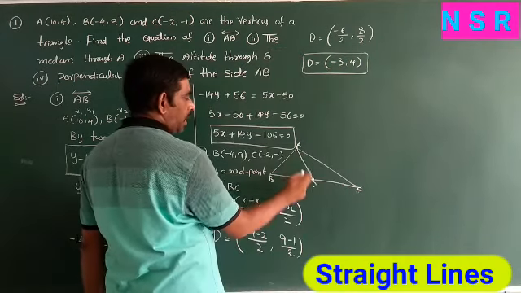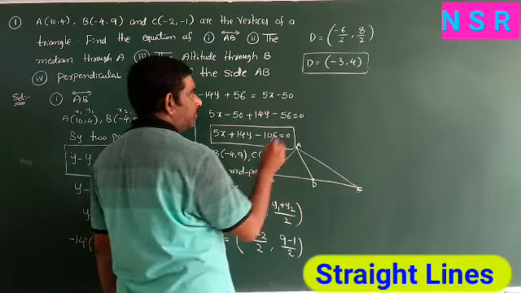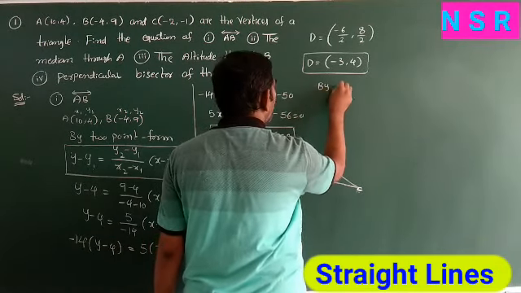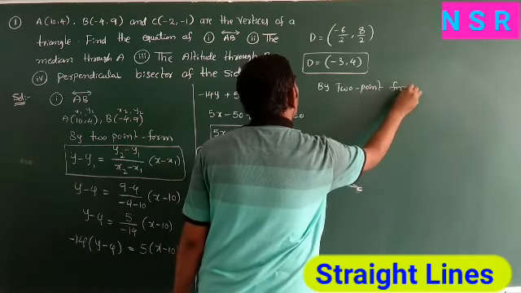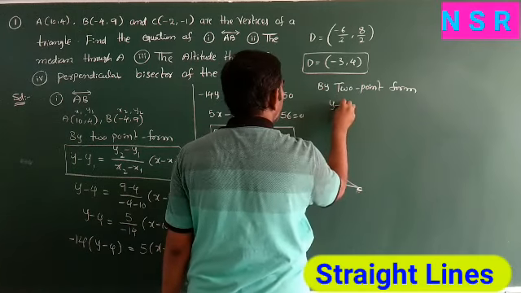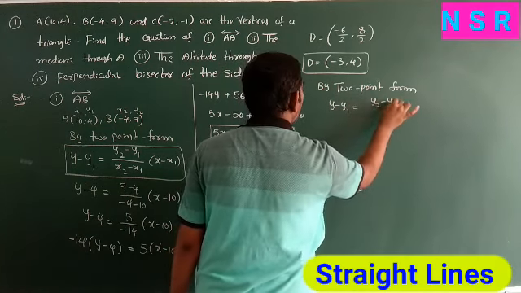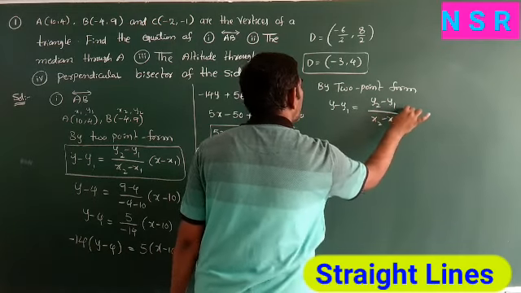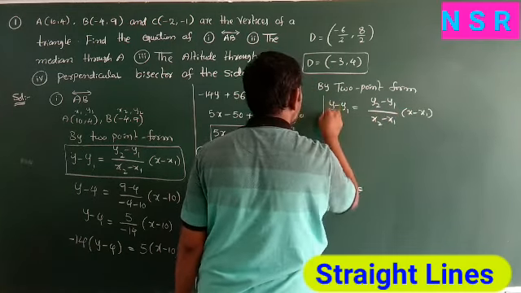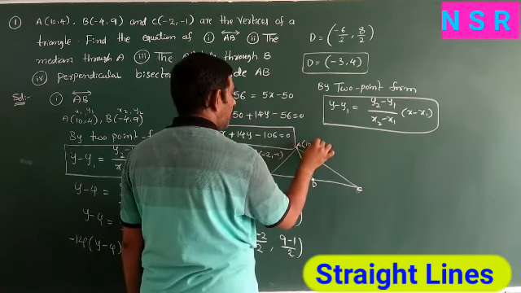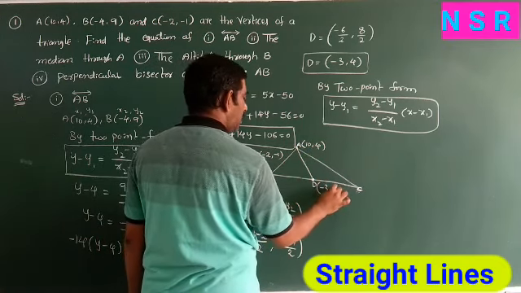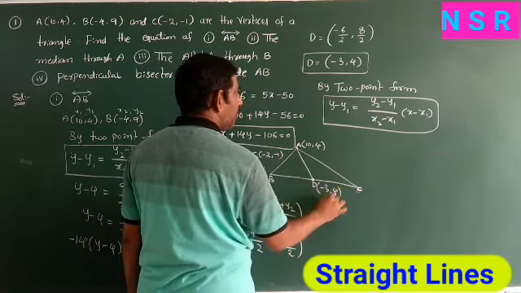Now we already have A value and we have got D value. Here also apply the 2-point form: y minus y1 equals (y2 minus y1) by (x2 minus x1) into (x minus x1). Here A is (10, 4) and D is (-3, 4). So this is x1, y1 and this is x2, y2.